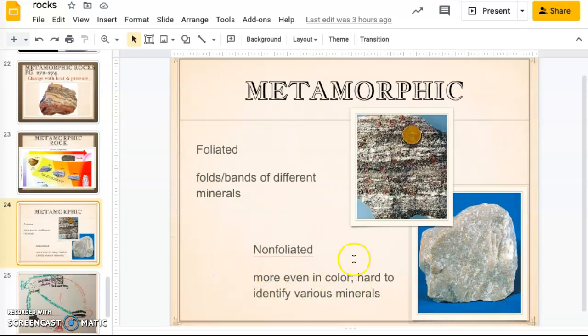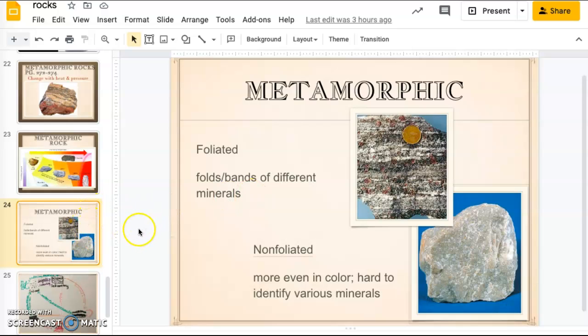A non-foliated metamorphic rock is when you have even color or a swirling pattern like you would often see in marble as well. So when the minerals are changing and rearranging themselves due to heat and pressure, sometimes we'll see bands or layers, foliated, or we'll see that it looks uniform throughout or a swirling appearance, and that would be a non-foliated metamorphic rock.